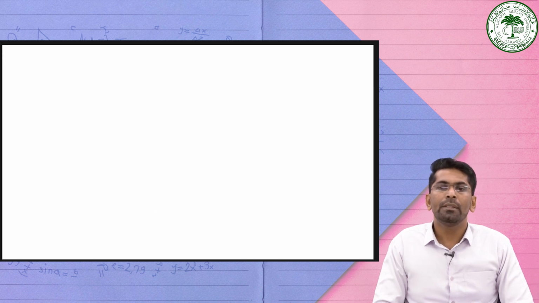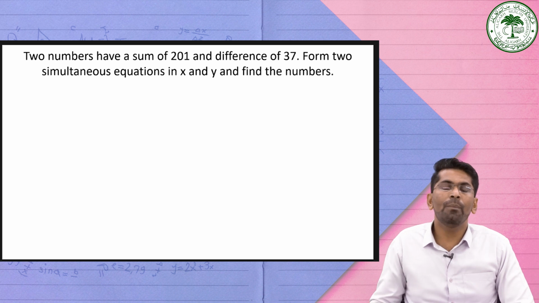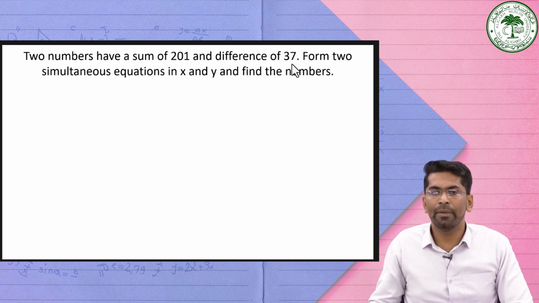Now we have a practical question to solve. We have two numbers that have a sum of 201 and a difference of 37. We want to form two simultaneous equations in x and y, and find out what the two numbers are.